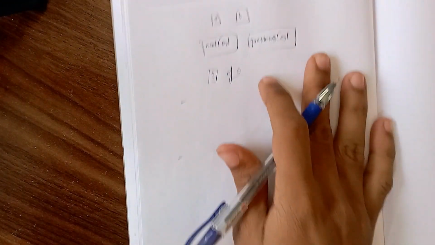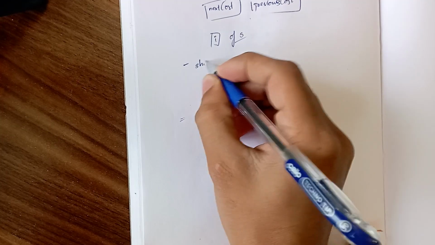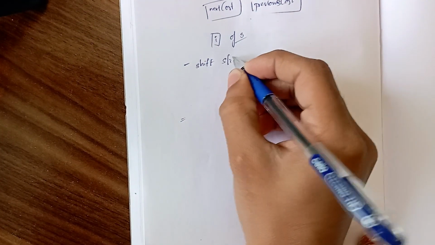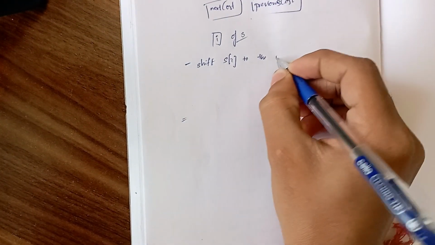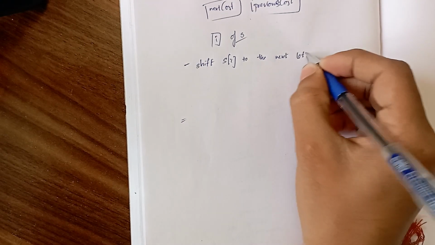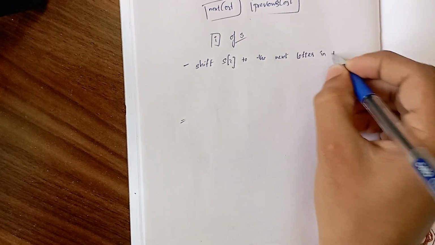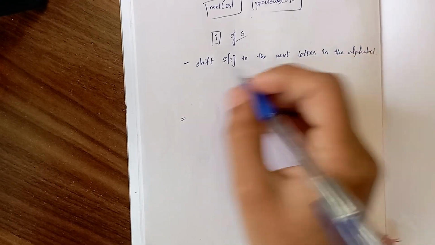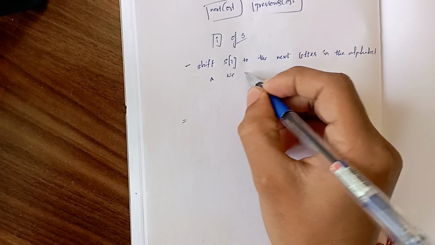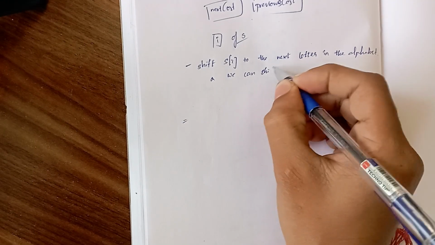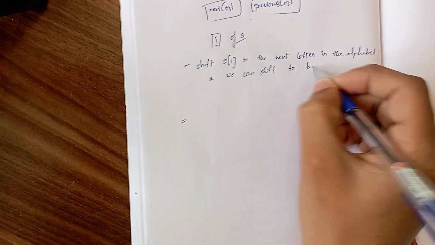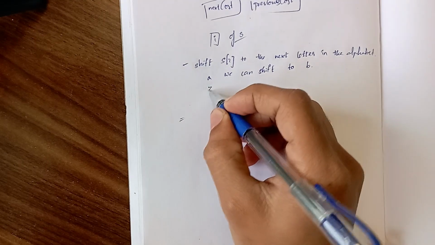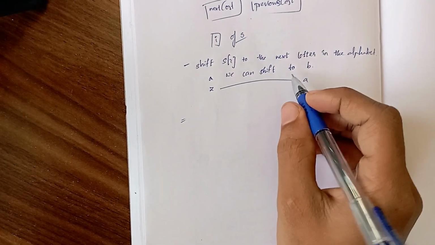They are: shift S of I to the next letter in the alphabet. For example, if we are at A, we can shift to B. But what if we are at Z? We can shift it to A.